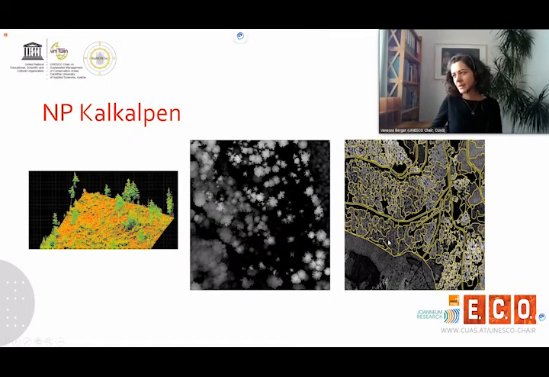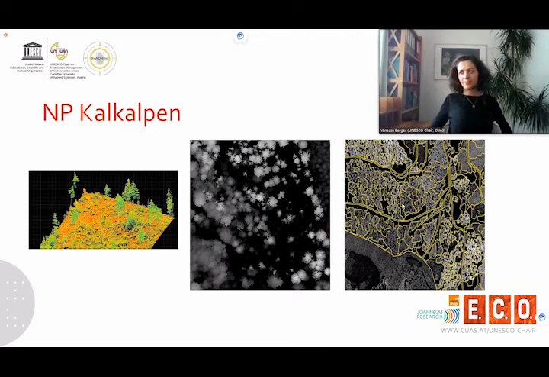Here we have an example for segmentation. And so we have the segments. So how is the forest structured? So where are the similar plots and segments? And then you can calculate the tree number and so on in those segments.